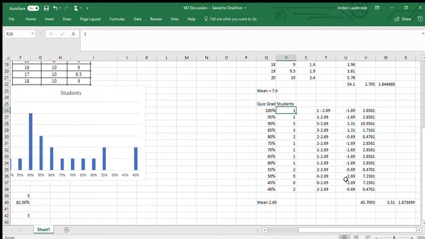And as we move over here, the next step, if you remember, is we're going to square all of those, right? So we're going to negative 1.69 times negative 1.69 is this. And we did this all across the board right here until our next step when we add all of those together. And if we add all of these numbers up, we're going to end up with 45.7093.